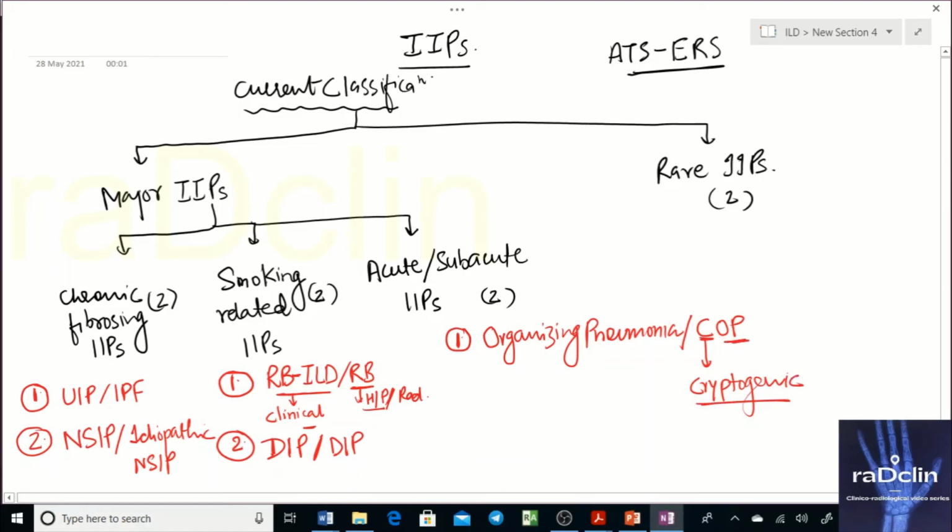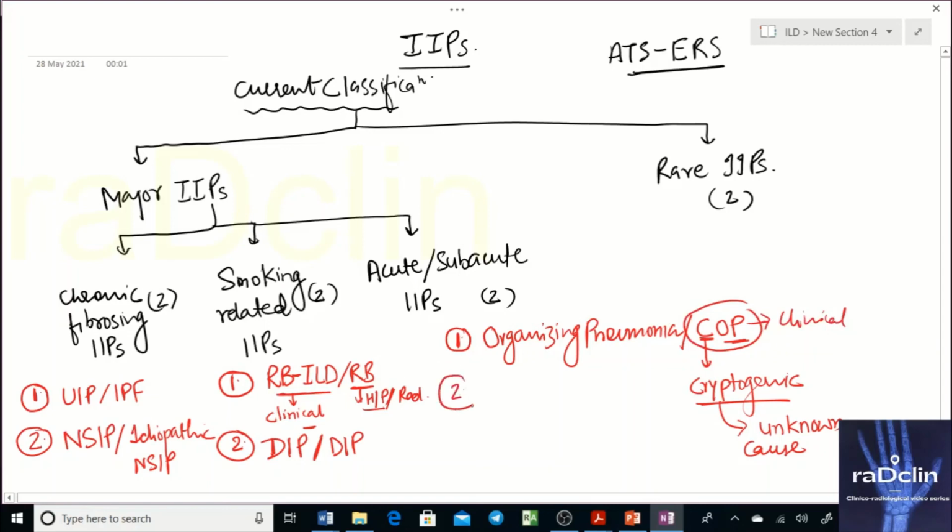The word cryptogenic also means unknown cause. So organizing pneumonia, or cryptogenic organizing pneumonia, is your clinical entity. Here I have written clinical first, although by convention I write clinical only after.